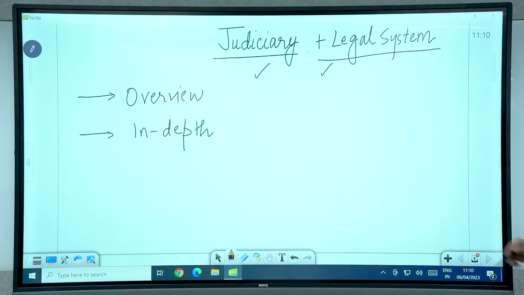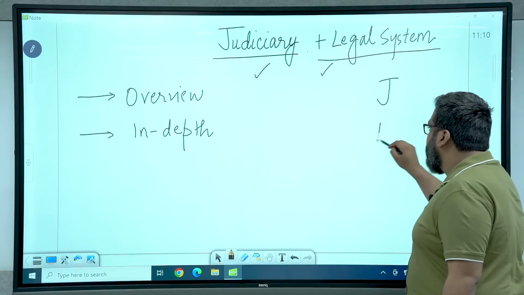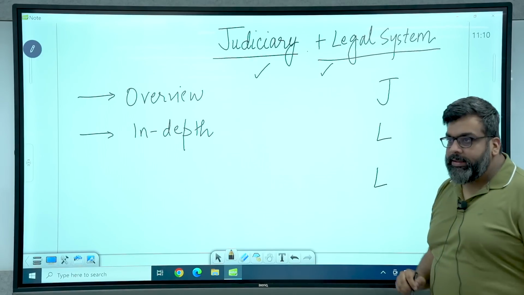Now, before we do get into the legal system, primarily the legal system comprises 3 elements: the judges, the lawyers, and the people who are approaching the court, right? There are essentially 3 components: the judges, the lawyers, and the litigants.